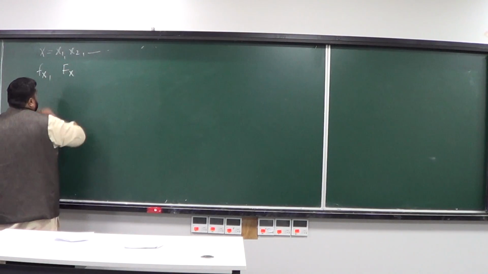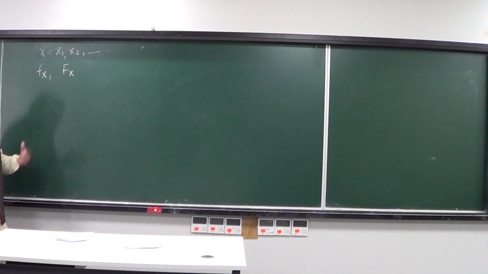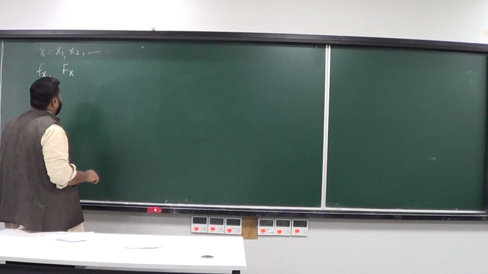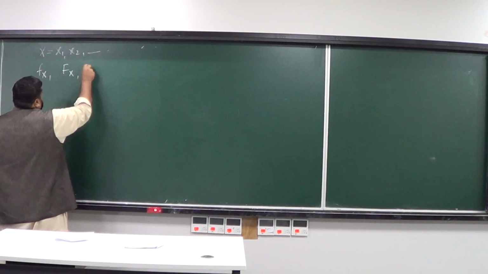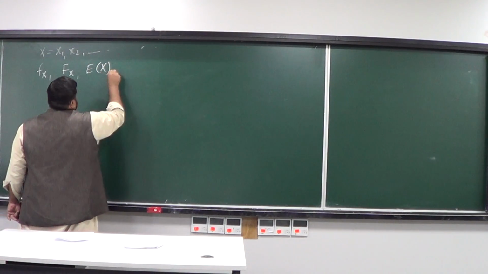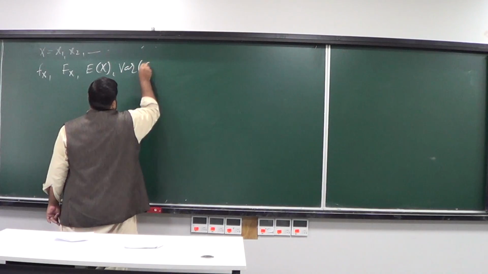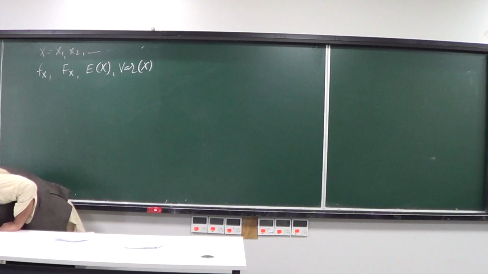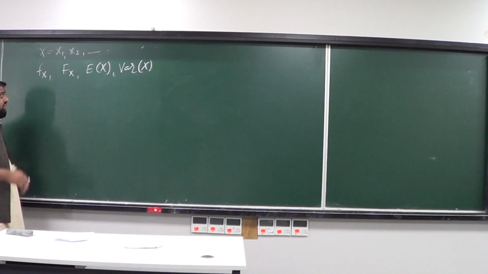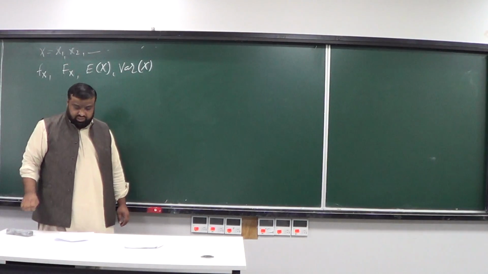We talked about the CDF, how to compute the cumulative distribution function of such random variables. We talked about the expectation of X and the variance of X actually. So we talked about this entire theory and how it is useful and several examples of it actually.